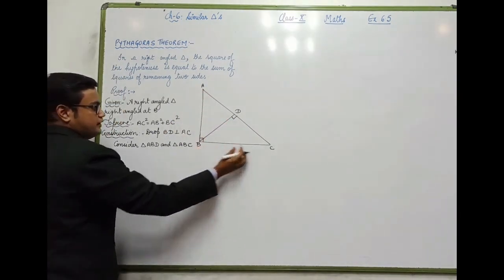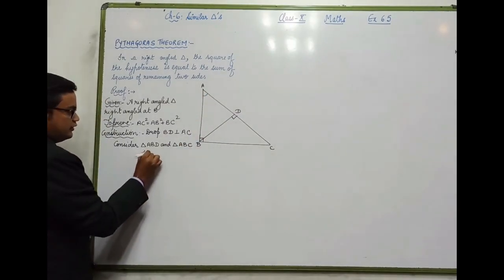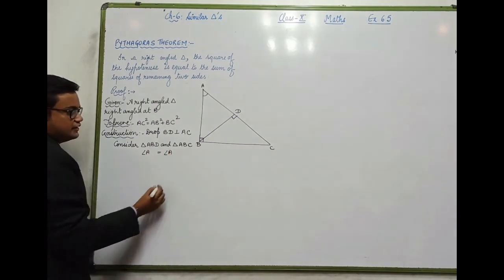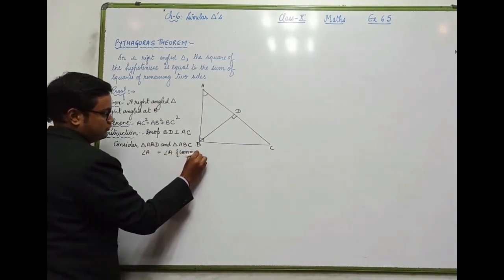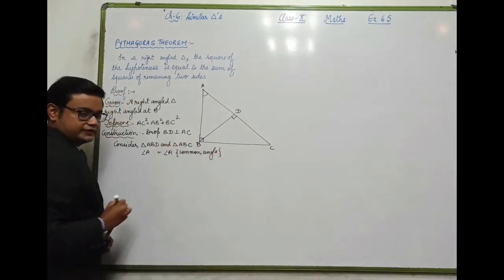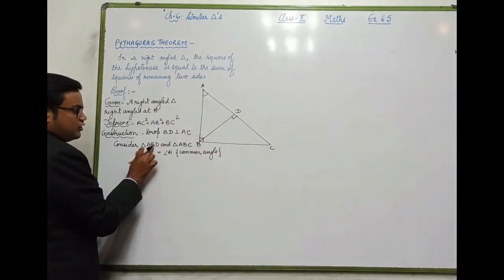ABD and ABC have angle A in common, right? So angle A of ABD is equal to angle A of ABC, a common angle between the two triangles. Common angle, common vertex.